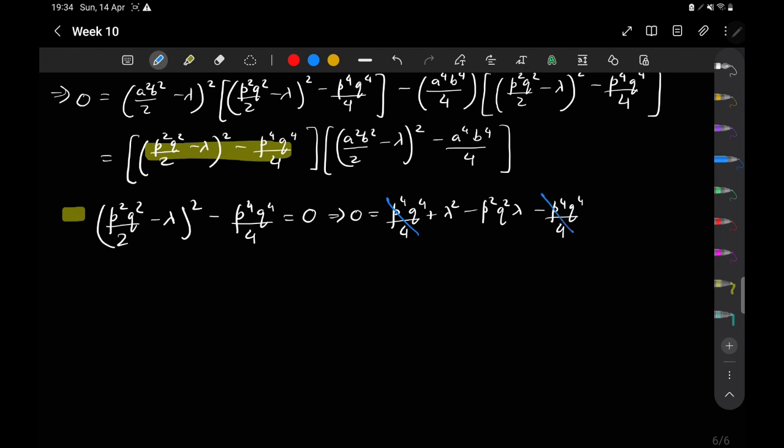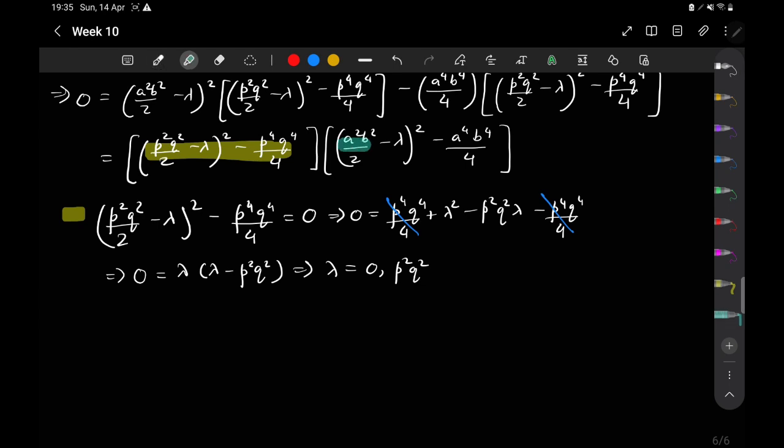This cancels out. So the eigenvalues are either 0 or p squared q squared.